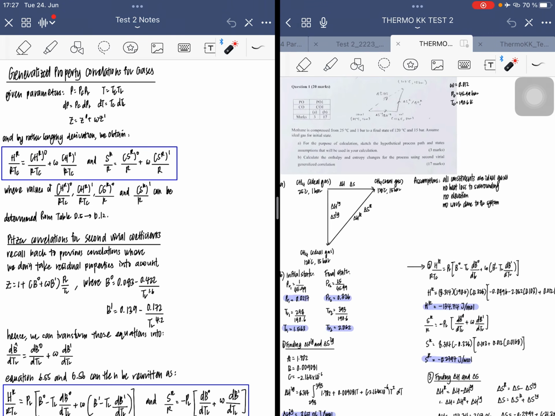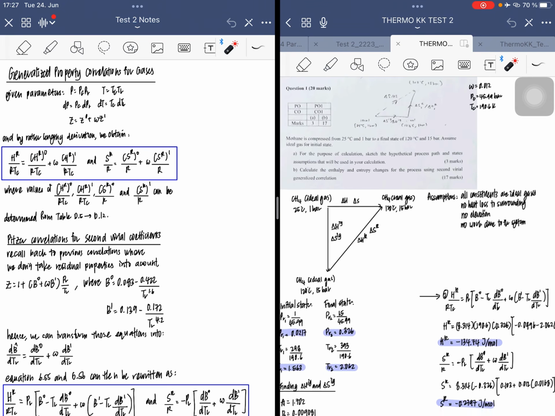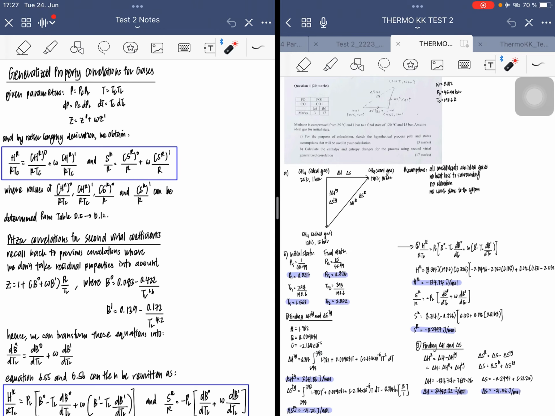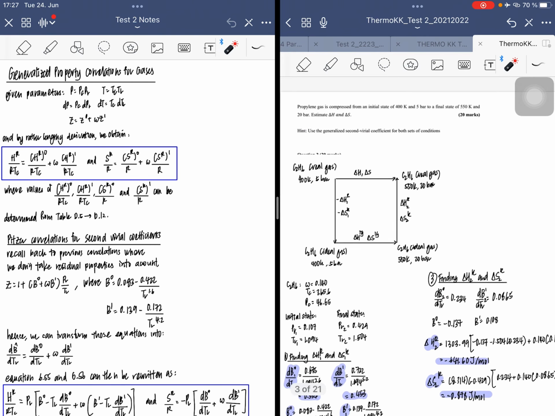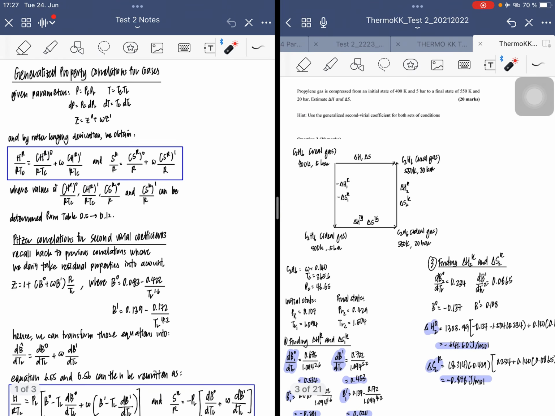Second virial, this is second virial too. Anyways, I can't seem to find any papers that demand a generalized property correlation, but the keyword is Lee Kesler.